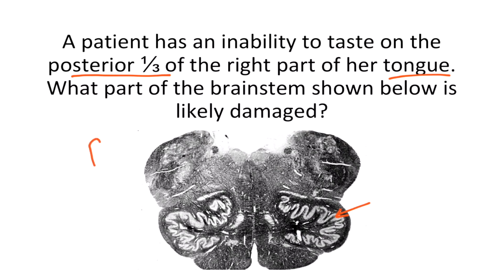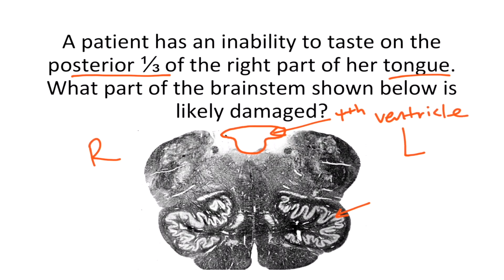So again, this would be right and this would be left. Because we're looking at the medulla, we should know that this region here is the fourth ventricle. So fourth ventricle. And recall that all of the cranial nerve nuclei are close to the fourth ventricle or the cerebral aqueduct, depending on the region of the brainstem we're looking at.